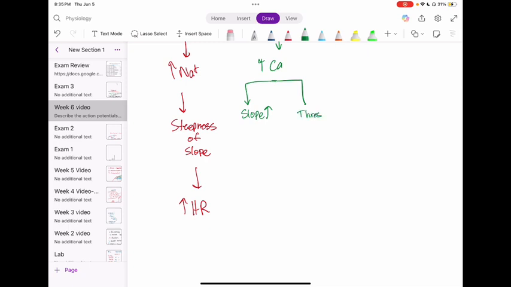It makes the threshold more negative, just once again talking about the separation of charge. Both of these result in an increased heart rate.